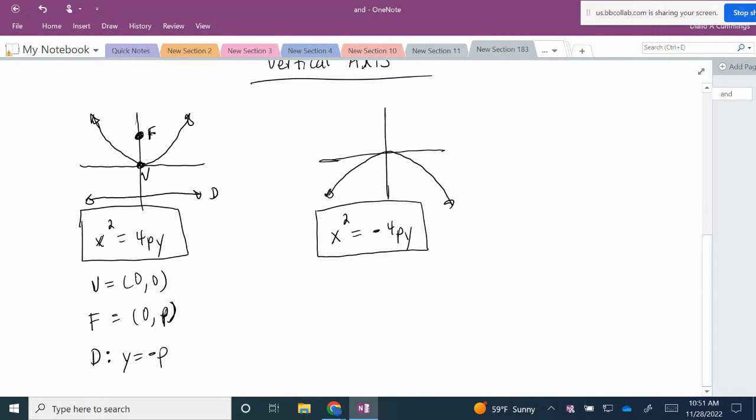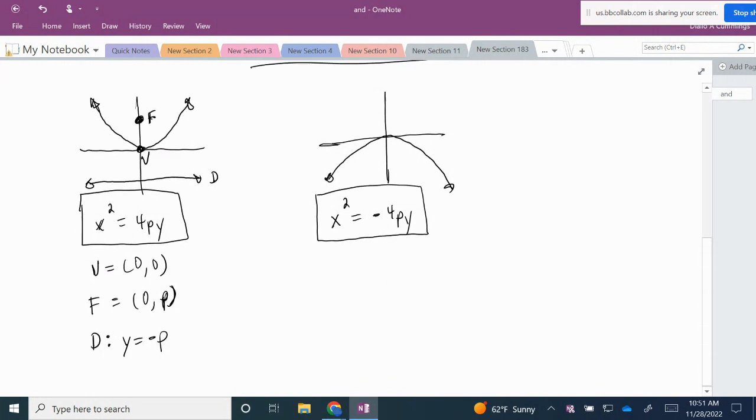And notice that for each one of these formulas, we have isolated for X squared. So when you're asked to put your equation in standard form, only the squared term should be on the side of the equation by itself, and the coefficient of the squared term must be 1. All right. So this is the model form for an upside down U-shaped parabola.